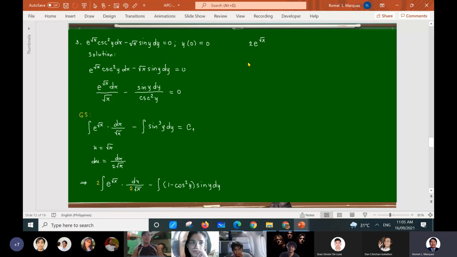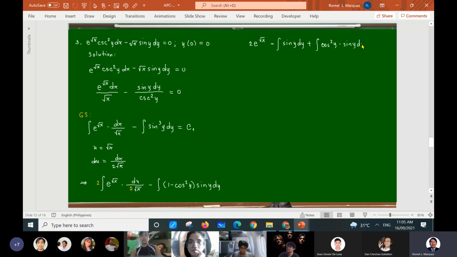Okay? Minus, let's now have integral of sine y dy. This is basic integration. Plus, negative, negative, positive now. Integral of cosine squared y times sine y dy.